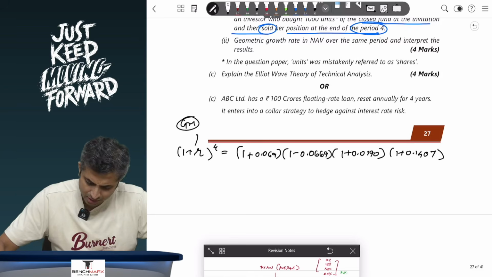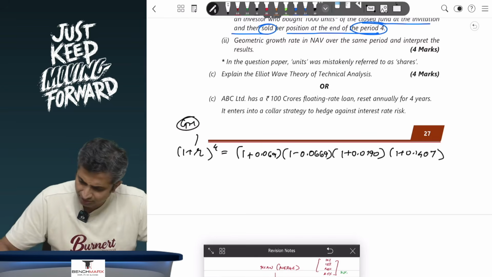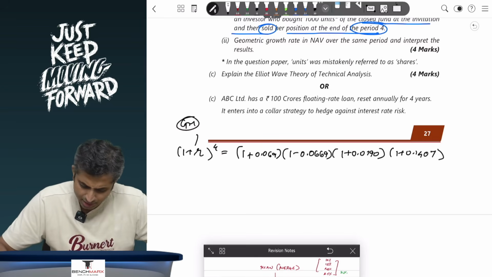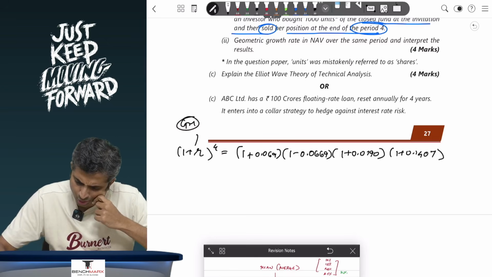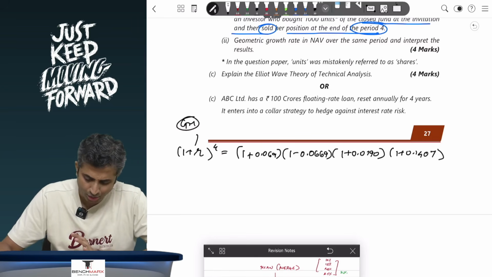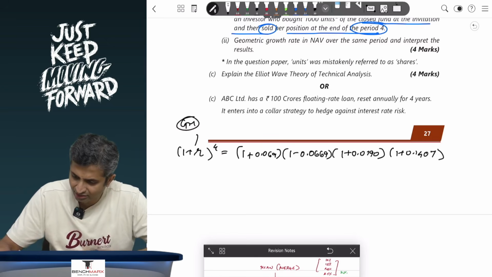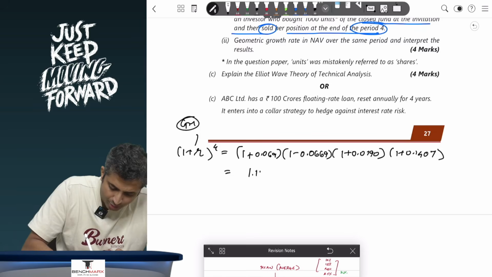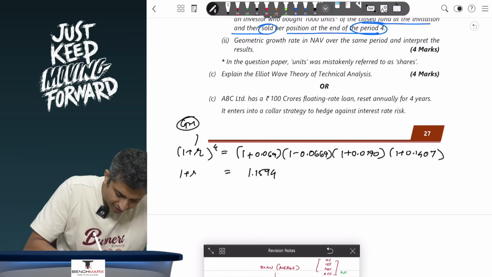So this is 1.069 into 1.0190 into 1.1407 into 1 minus 0.0669, which is 0.9331, if I am not wrong. So this comes to, I think, around 1.1594. Now this is (1 plus r) raised to 4.